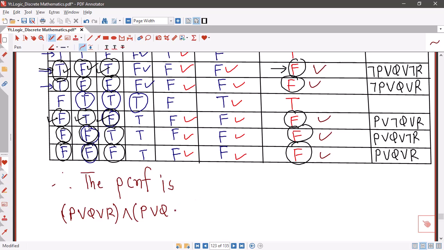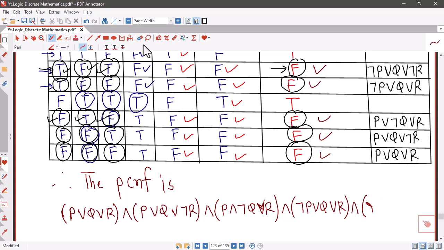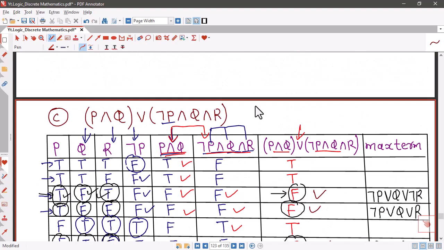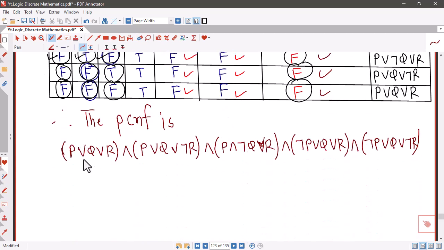Then P or Q or negation R, then P or negation Q or R, AND operator, negation P or Q or R, AND operator, negation P or Q or negation R. So this is the required principal conjunctive normal form of this statement formula, in which we have 3 variables P, Q and R, and therefore we have max terms including all of the 3 variables.